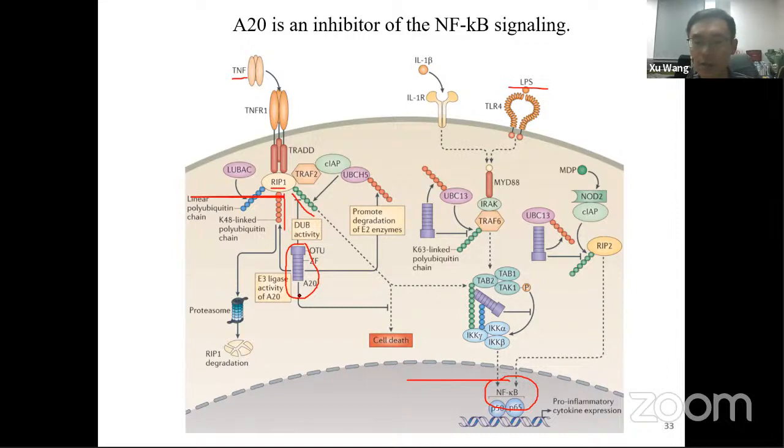So A20 can not only remove ubiquitin, but can also add new ubiquitin to the protein substrate.